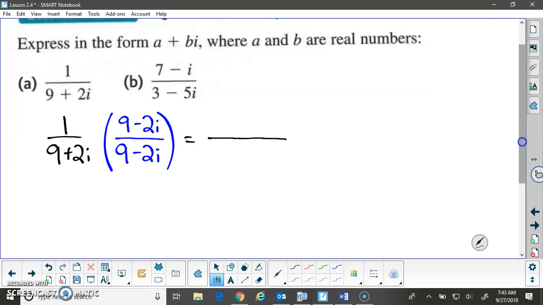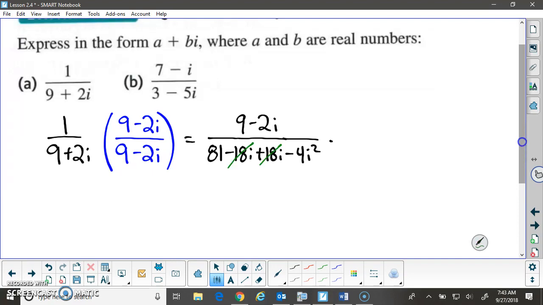So now I have to FOIL out the bottom, and when I do that, I get 81 minus 18i plus 18i, and then minus 4i squared. Top obviously just stays as 9 minus 2i. Now, did you notice on the bottom when I FOIL conjugates, the middle two terms cancel?